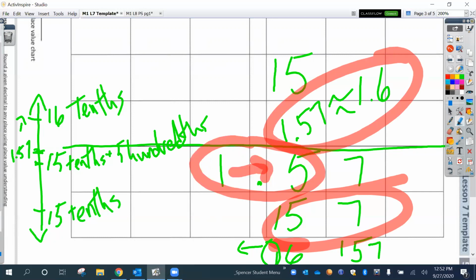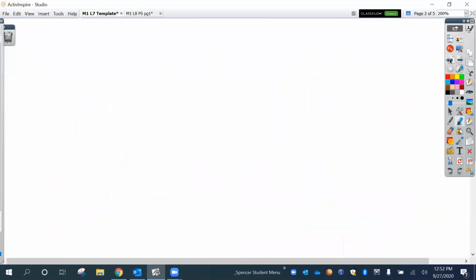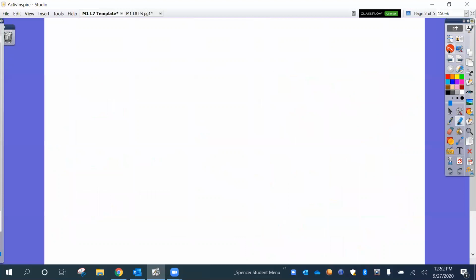All right. So let's go to a blank page in our notes and let's practice a few more. Let me back out so we can actually see. And now you're going to have to draw a place value chart to work with us. So quickly draw a place value chart.